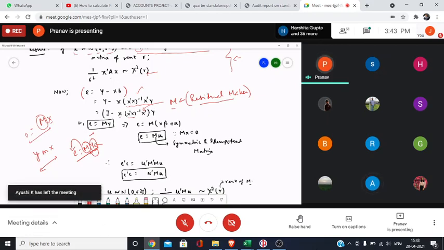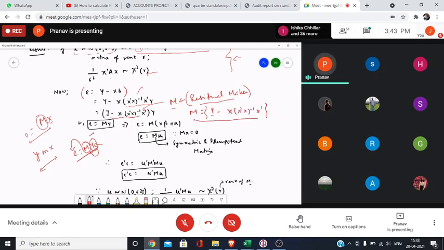I'll repeat this point. This portion, M, is I minus X (X transpose X) inverse X transpose. I write this as shorthand M, and this M is called your residual maker matrix. What is its name? Residual maker.